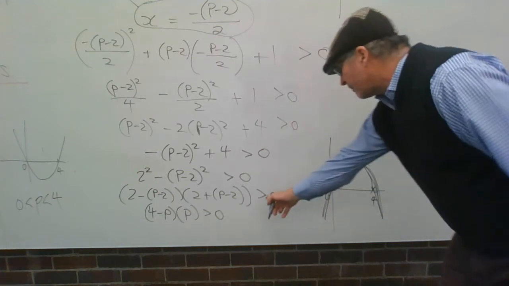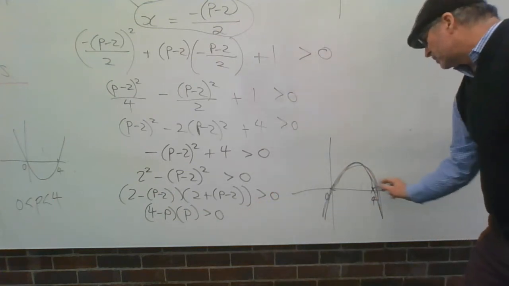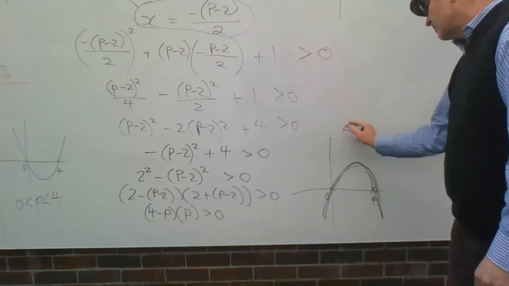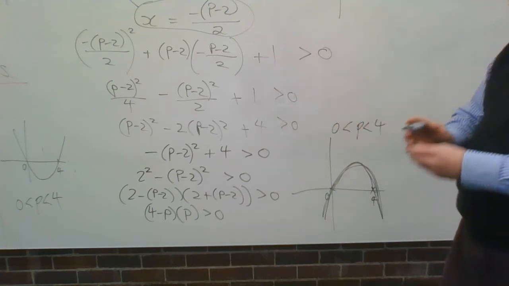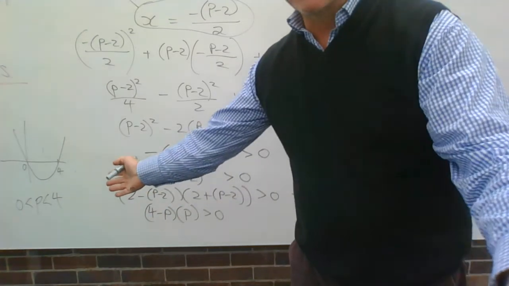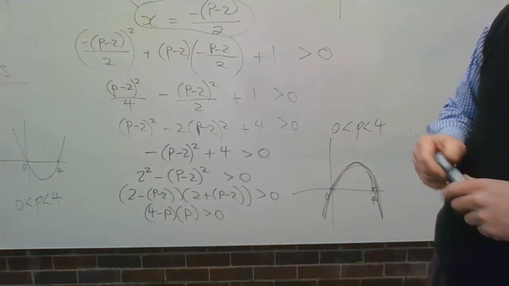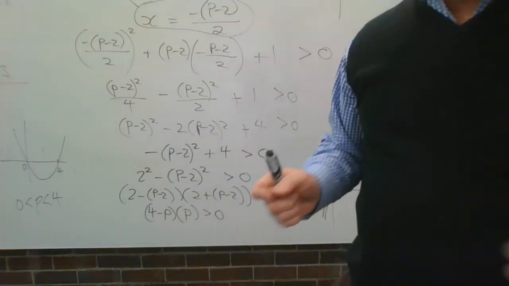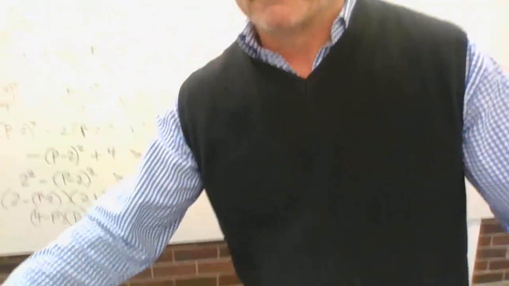Where is this sad parabola bigger than 0? In between. So p is in between 0 and 4, which is the answer we got before when we did it the other way. So that's the values of p for which that equation has no real solution.